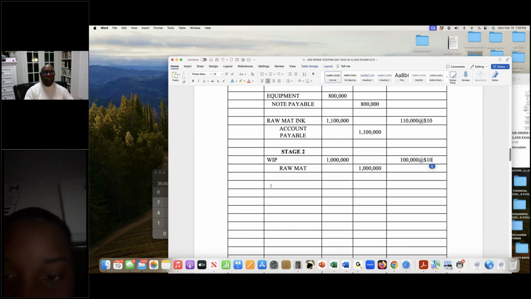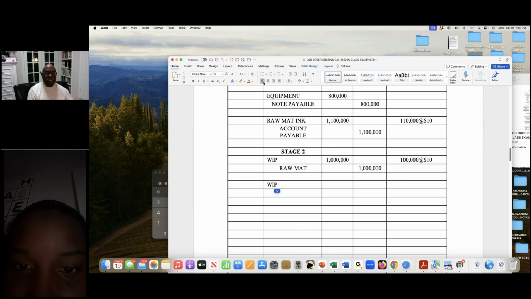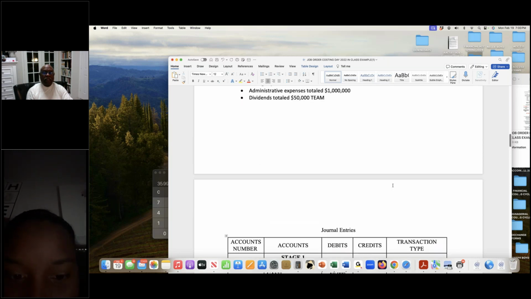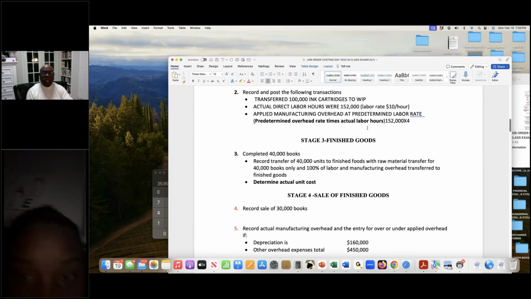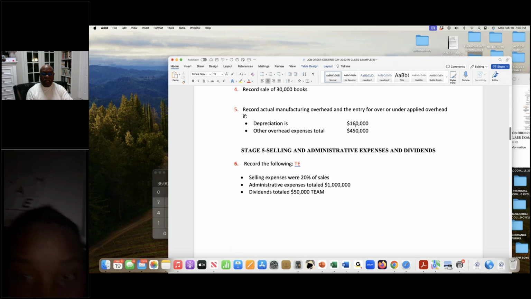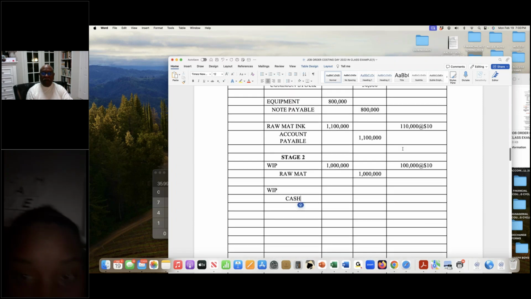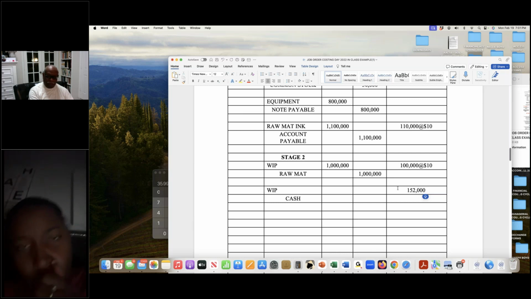We're going to debit work in process again. This time we're going to credit cash. They worked 152,000 hours, and no matter what happened, when it comes time for pay, people want their money.